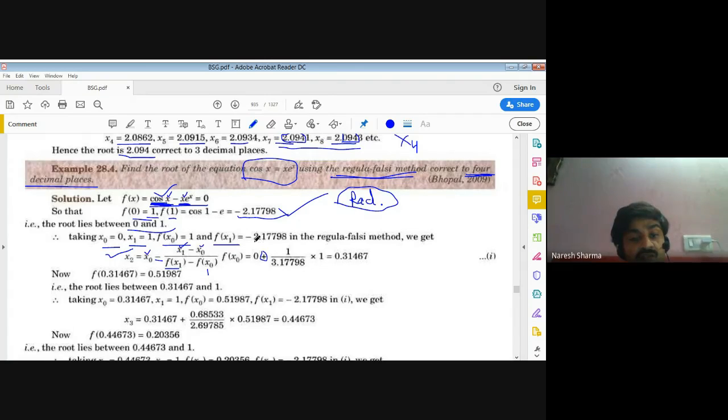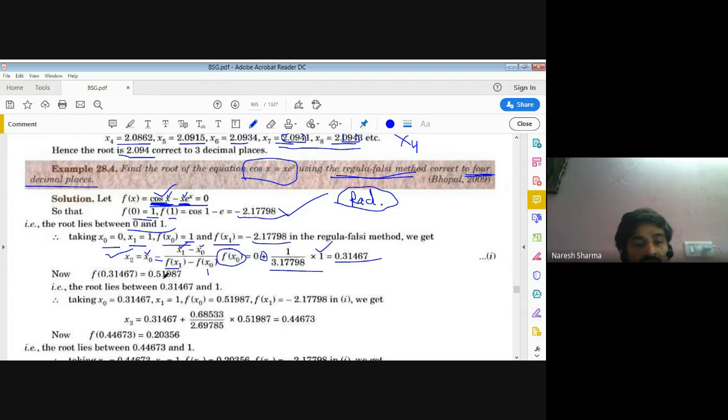So it is 2.177 minus 1, minus minus then it's plus, 3.17798, and f(x naught) multiplied, which is 1 here. After solving, you get the result 0.31467. So this is your first approximation of the root by regula falsi, or false position, method.